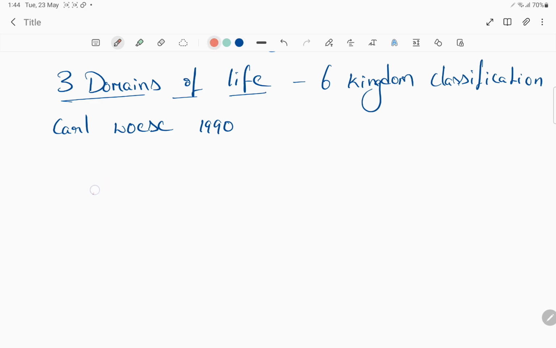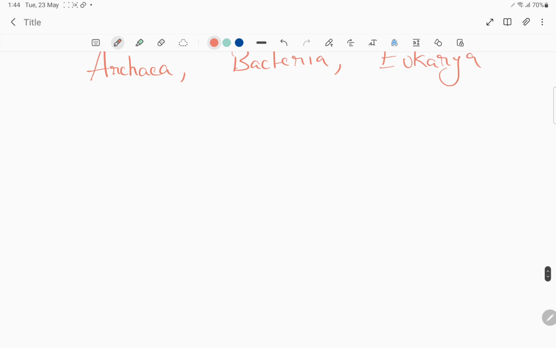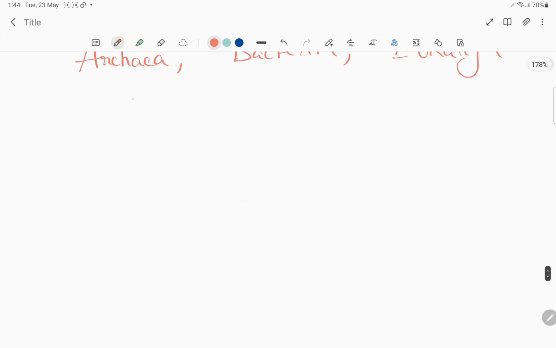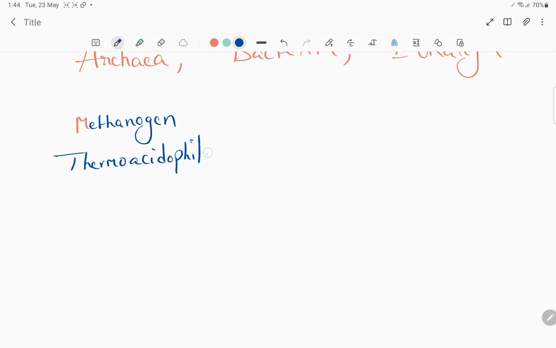One is archaea, another is bacteria, and finally we have eukarya. The domain archaea includes the very early prokaryotes, called archaebacteria, for example methanogens and thermoacidophiles.